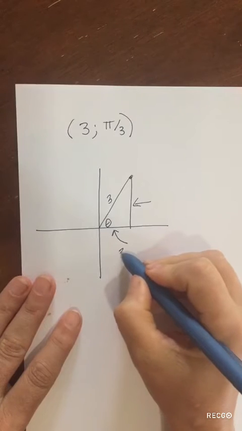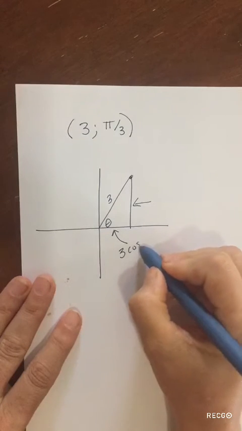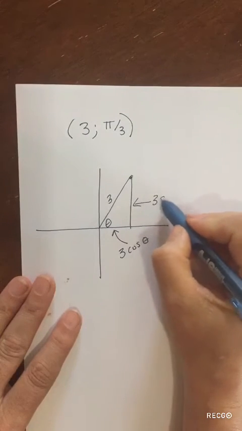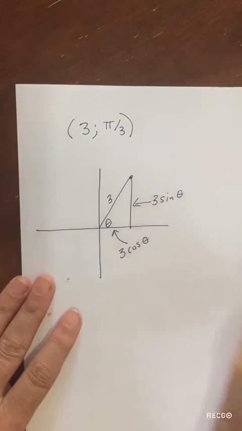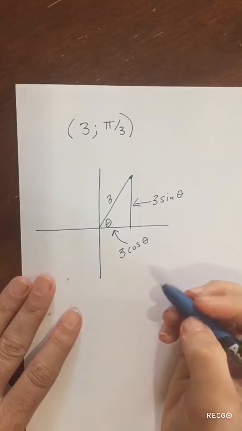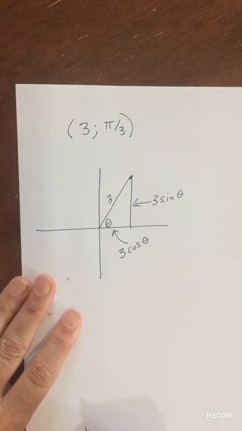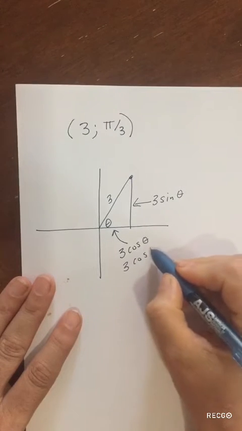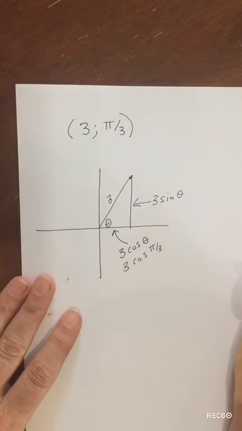Okay, so this would just be 3 cosine theta, from the last problem, and this would just be 3 sine theta from the last problem. So putting that in terms of the exact thing that we have, it'd be 3 cosine of pi over 3. Hopefully you could do that one pretty quickly.